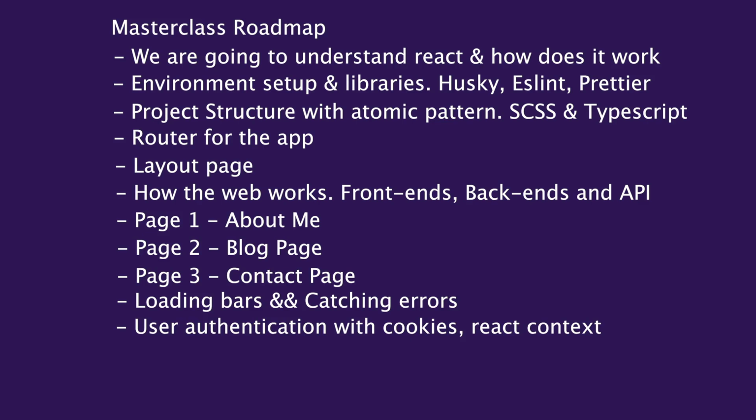Next, we will create a user authentication and verification with Axios, cookies and React context. We will go over creating two languages for our interface so you can switch between them, and after we have done it all, we will build our application and we will wrap everything up.